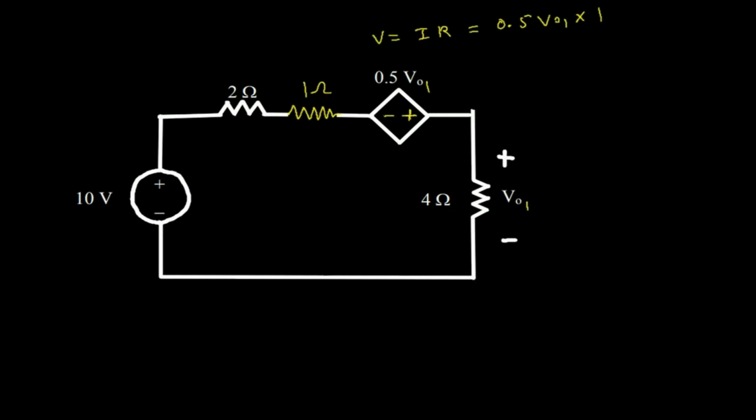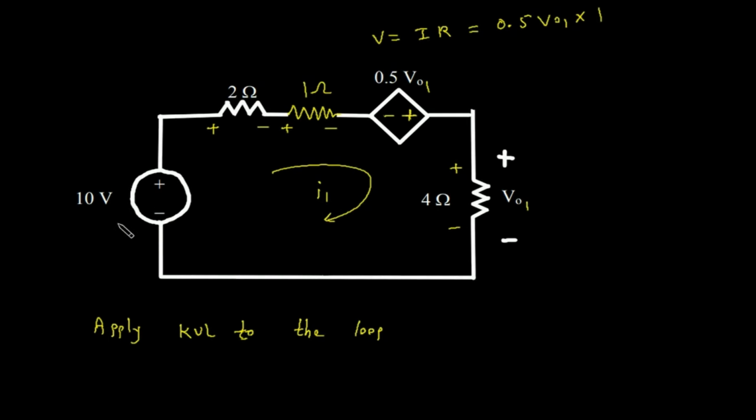Now here we can apply KVL. So let's say this is current I1. So this will be positive, negative, positive, negative, here positive, negative. So apply KVL to the loop. Let's start from here.